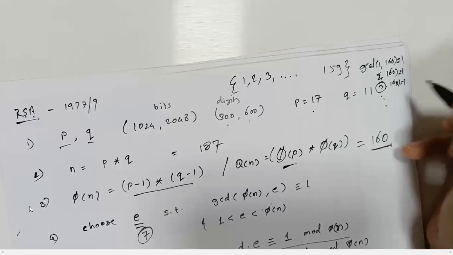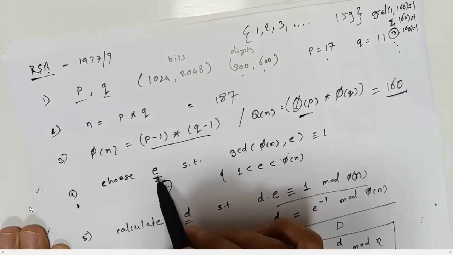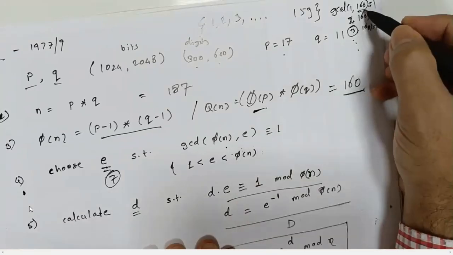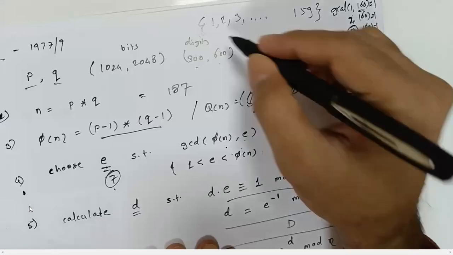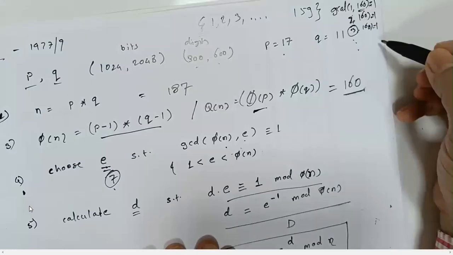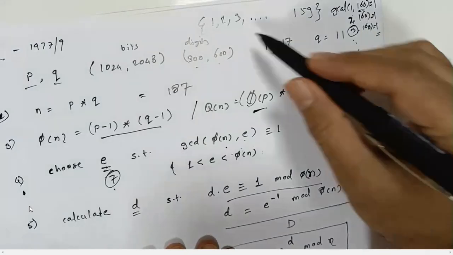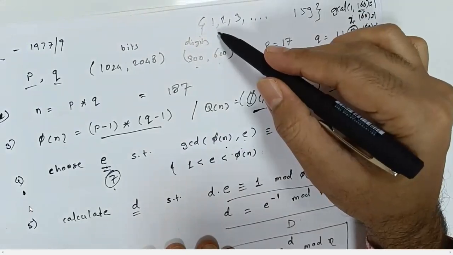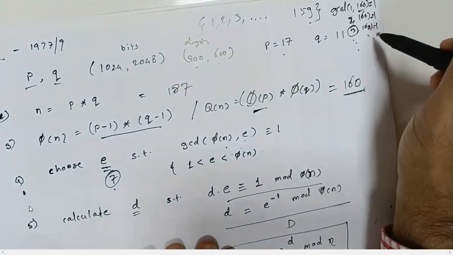The fourth step tells you to choose E such that GCD of phi of n and E, whatever number you choose from this set, has to be 1.